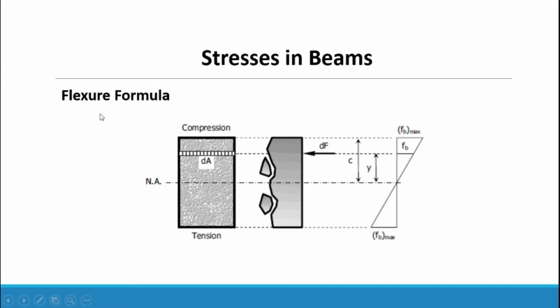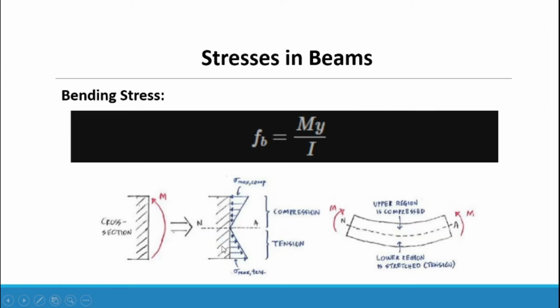For compression, we have the maximum bending stress at the top of the beam, while the bottom of the beam will cause maximum bending stress for tension.